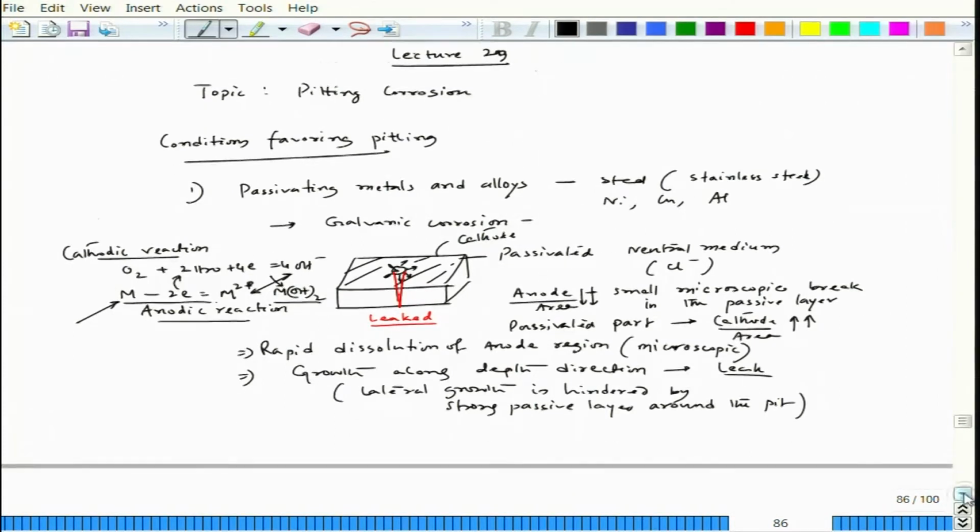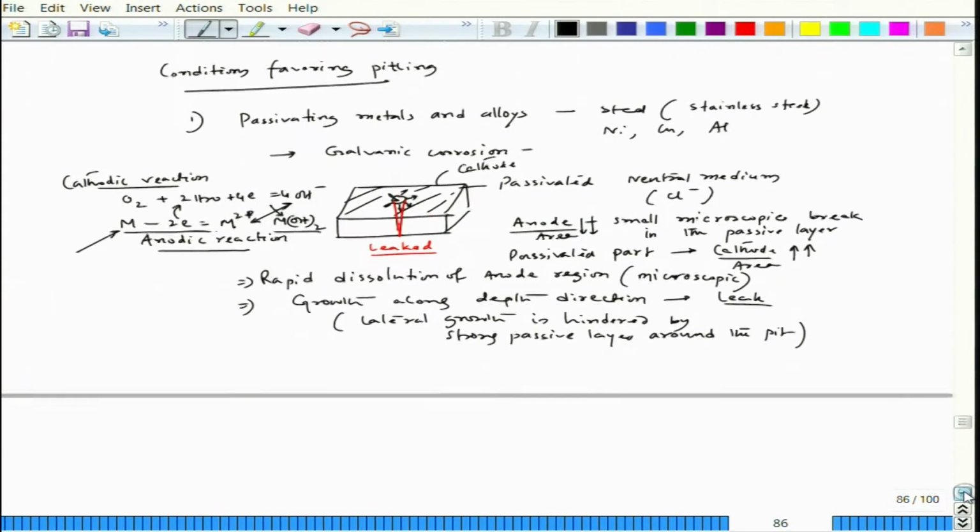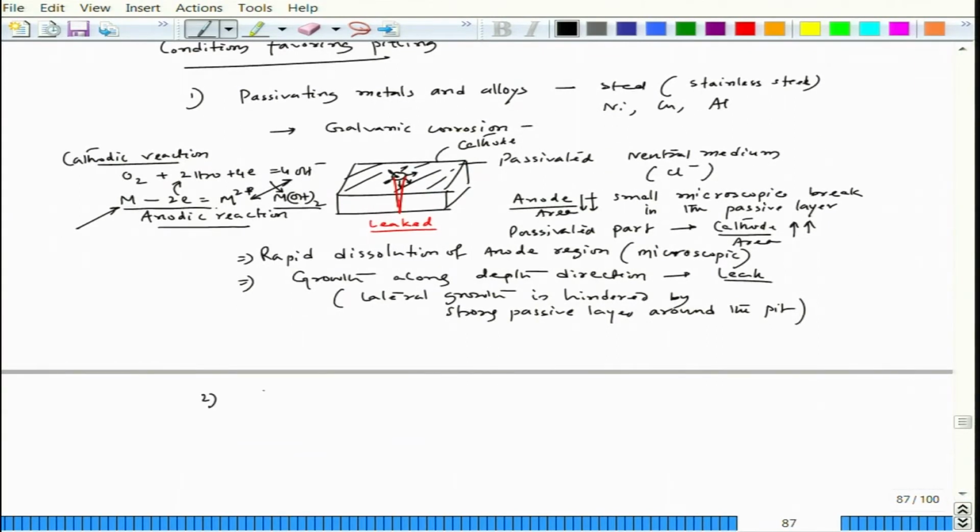Okay. So, this is the first part, which is a passivating metal. The second one is the presence of halogen ions, or presence of halides. These halogen ions are nothing but chloride, bromide, iodide. These are the ions which can lead to pitting.